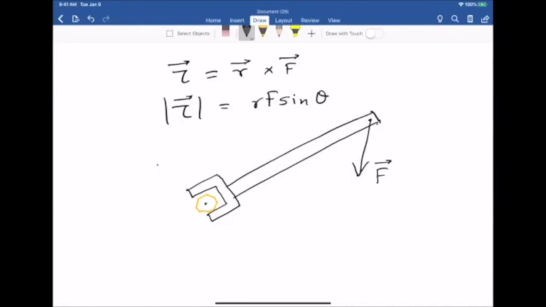So I'm just going to call that O. Let's write the O over here. So the axis of rotation is this point about which the system is rotating. Okay, so how do you find the torque of F about this point?